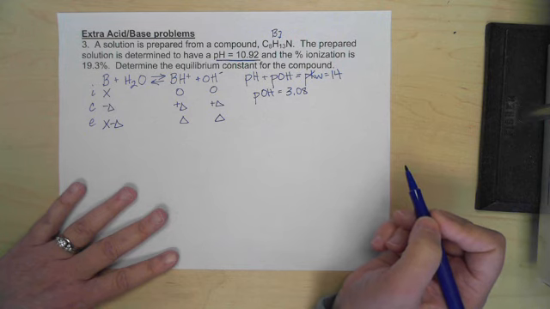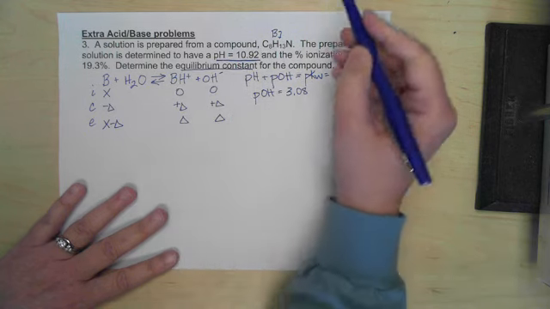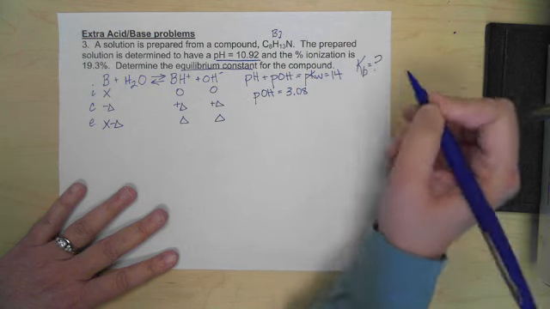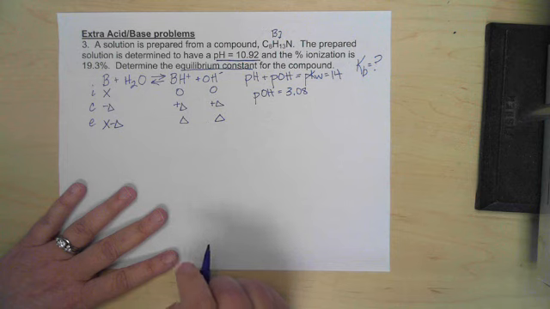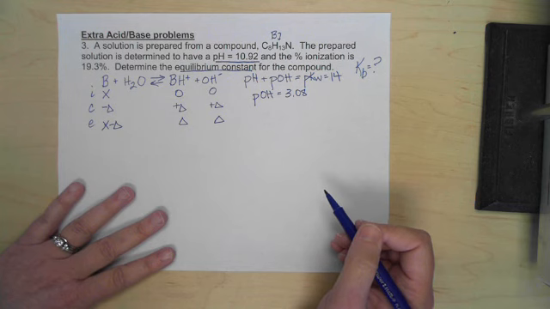So wait a minute. I'm trying to find the equilibrium constant, so what I'm looking for is Kb is my big question. I've got two unknowns, so I must have been given more information. Well, actually now I'm at 3 unknowns, so I must have been given more information.